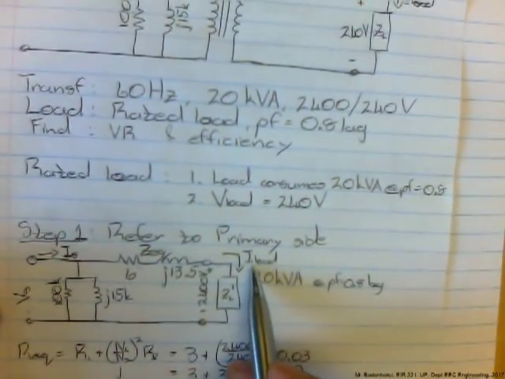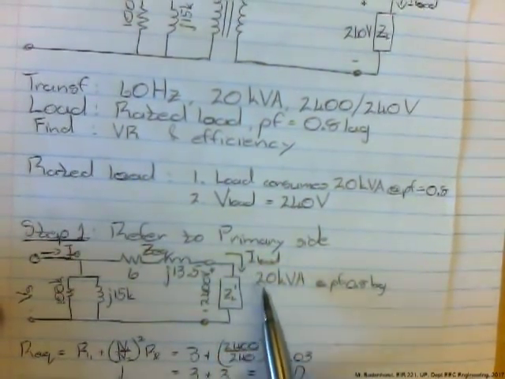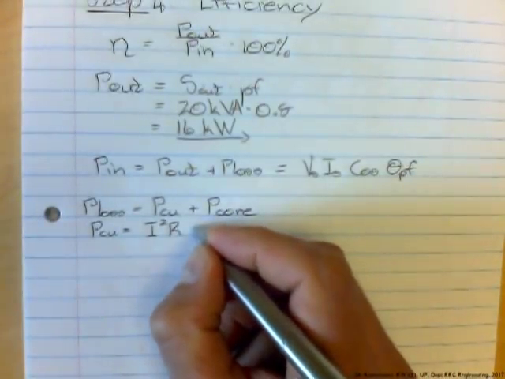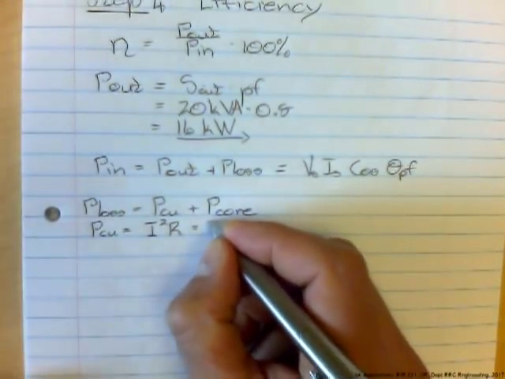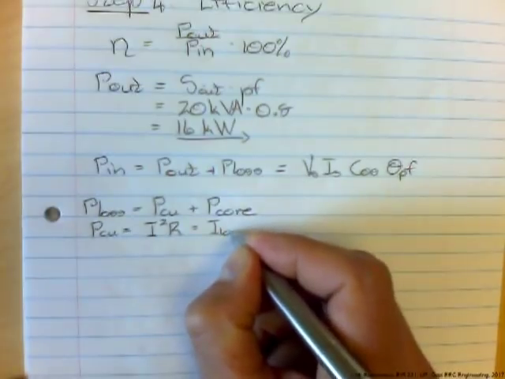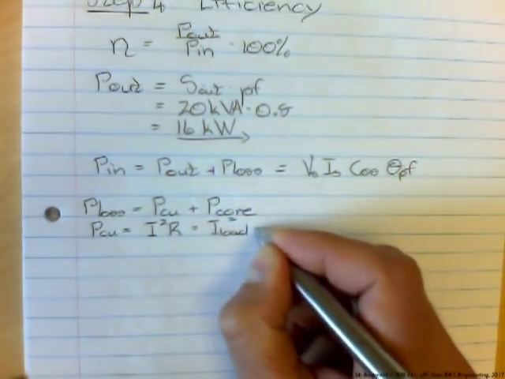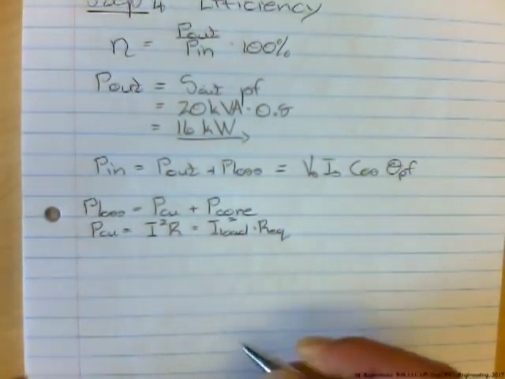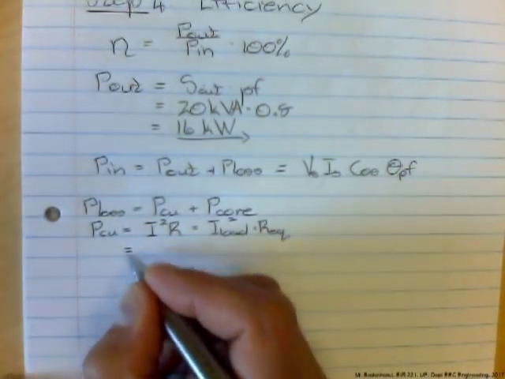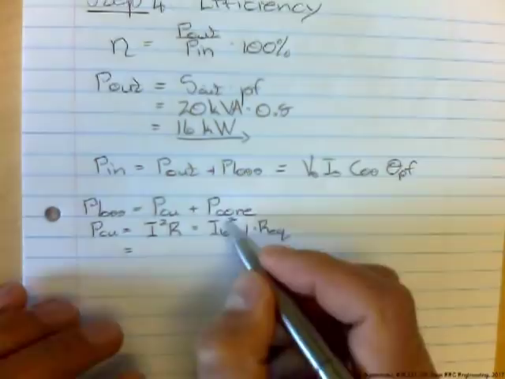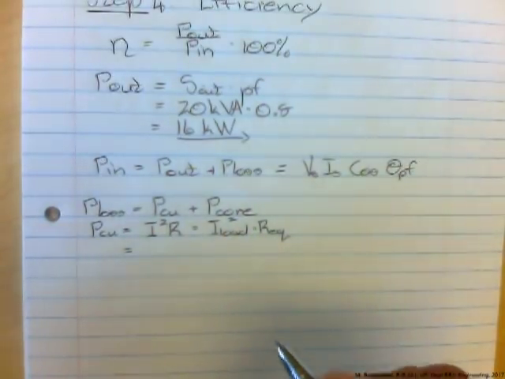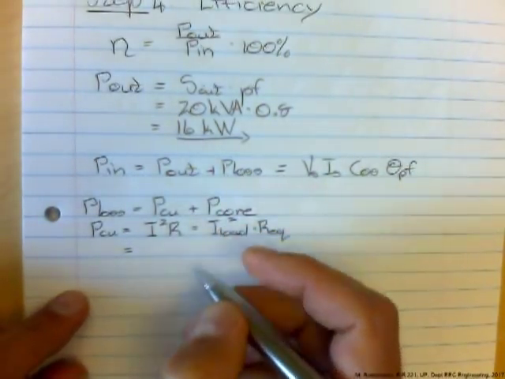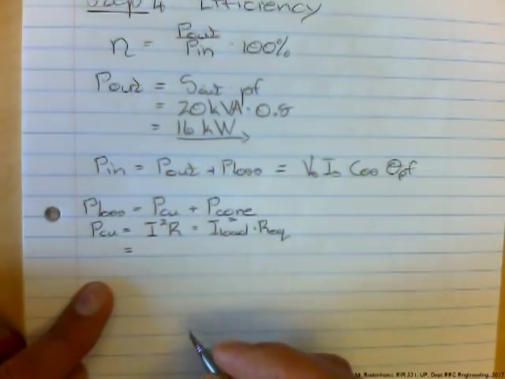So for that as well, we need the I load magnitude. In this case, it's going to be I load squared times R equivalent. Our load current, again remember it's a scalar that we're calculating, so it's only the magnitude of the current that we need now.